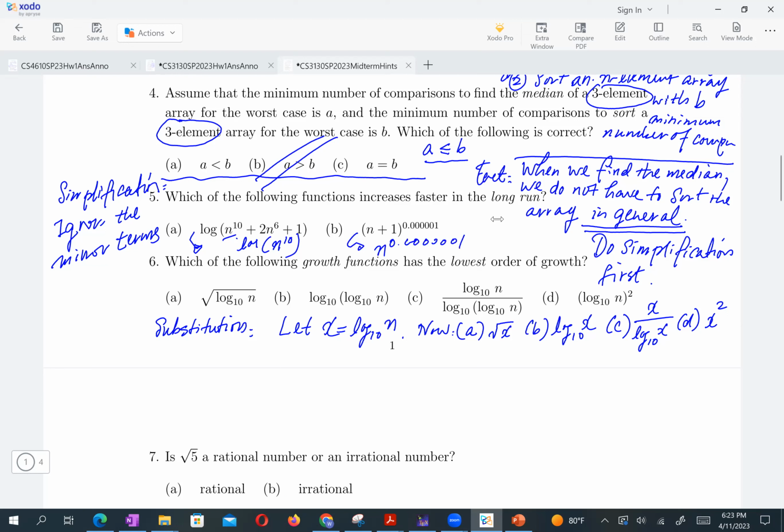Then you compare these two simplified functions using our old way, the homework way.